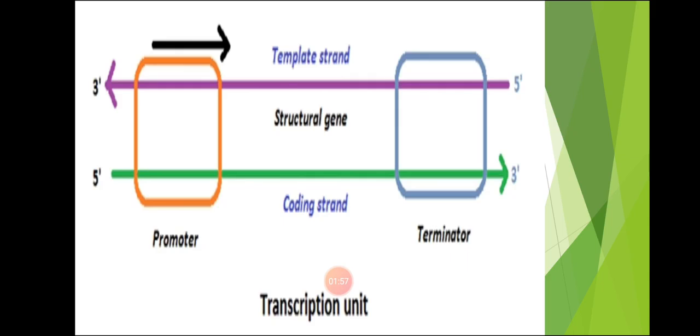Next, transcription involves a transcription unit. In short, I told you about the transcription unit in our last lecture, but today I will explain this in detail. The transcription unit consists of promoter, structural gene, and terminator. The promoter is located at the 5' end, that is upstream.